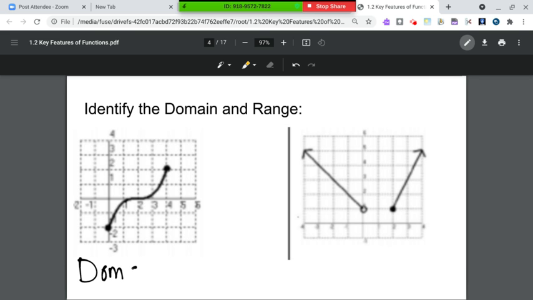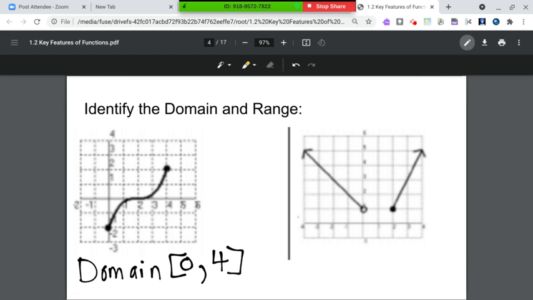And I notice immediately that there are closed circles on the ends of both of the graph. And so I'm going to start at 0 on my x-axis, and I use a bracket because it is a closed inclusive starting point. Okay, 0 to 4 inclusive.